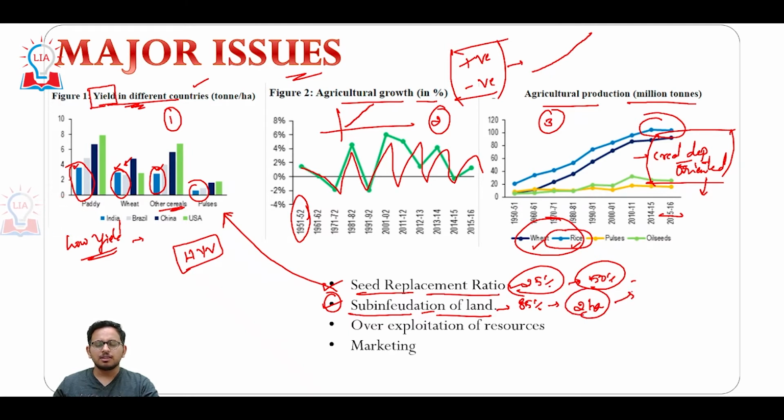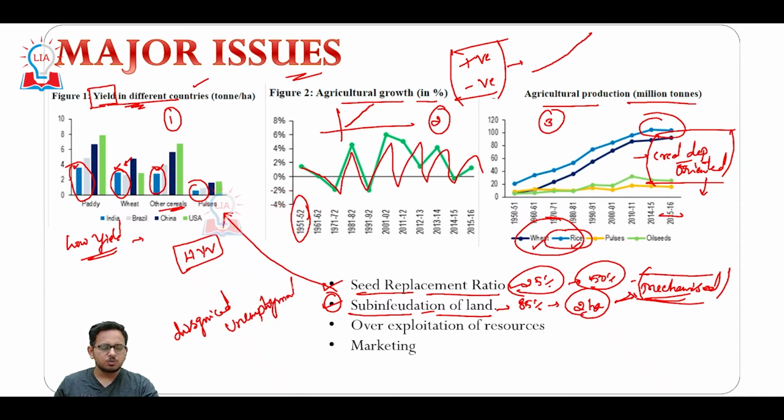Because of which the intensive commercial farming is not possible, and also mechanized farming is not possible in India because we do not have large lands, unlike USA, China or Canada and also Mexico. All these countries have very large lands, but in case of India, we have the problem of sub-infiltration of land along with disguised unemployment. These are the very key terms: disguised unemployment.